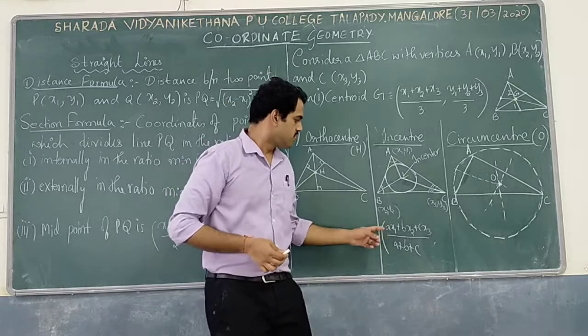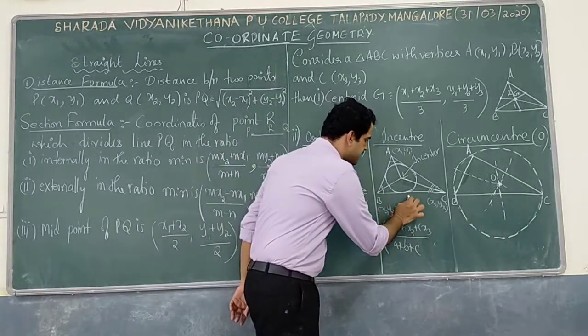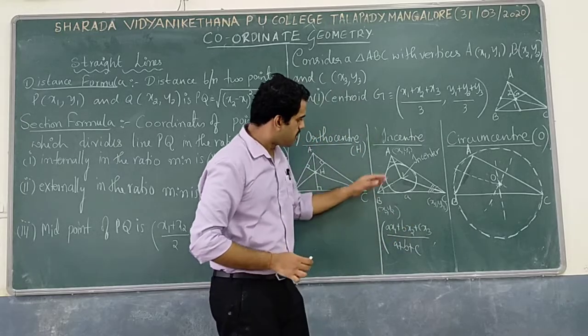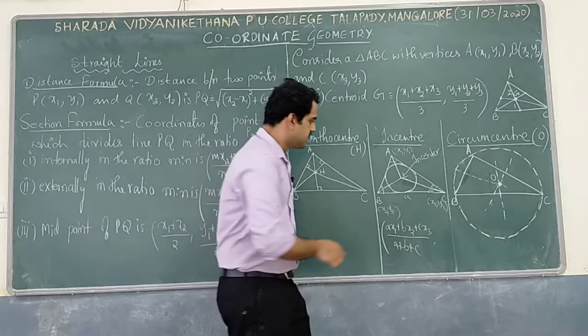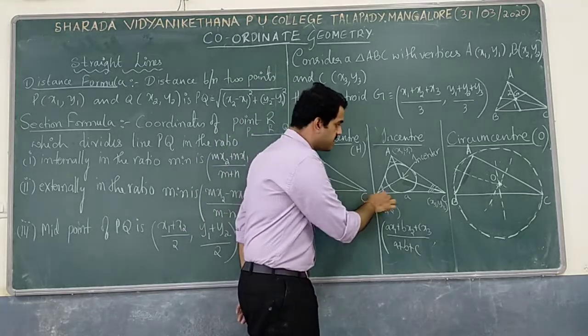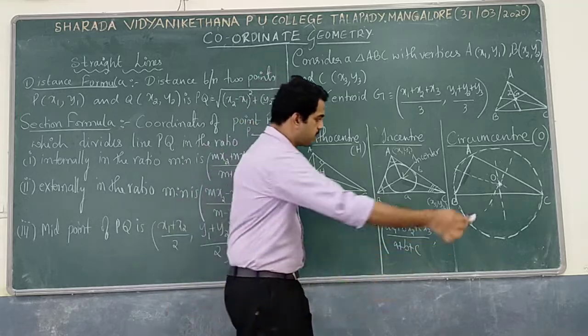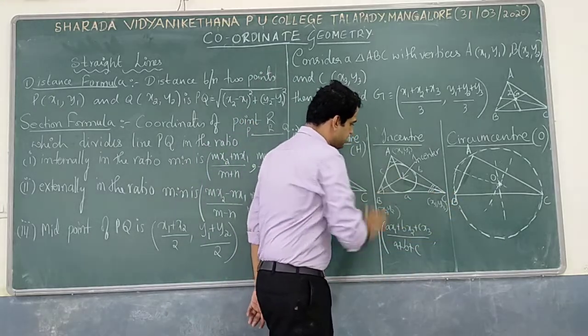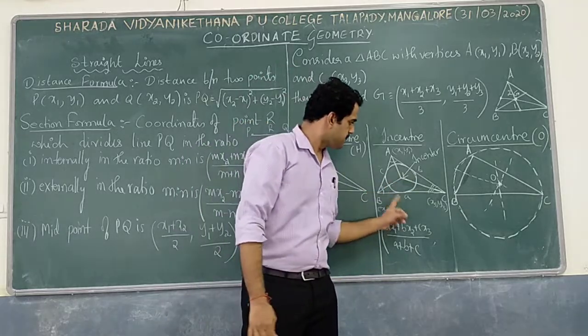Now you may ask, what are a, b, c? a is nothing but the length of the side of the triangle opposite to the vertex A. That should be taken as a. Then opposite to the vertex B, the length of the side AC, that is b. And opposite to the point C, you have to take the length of that side as c.